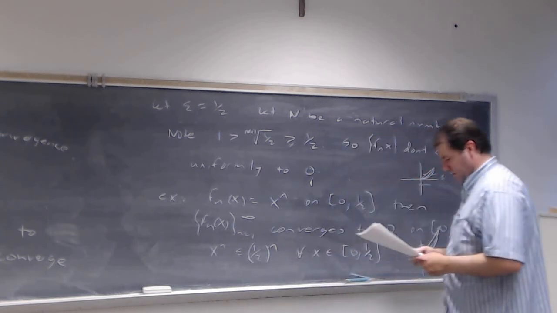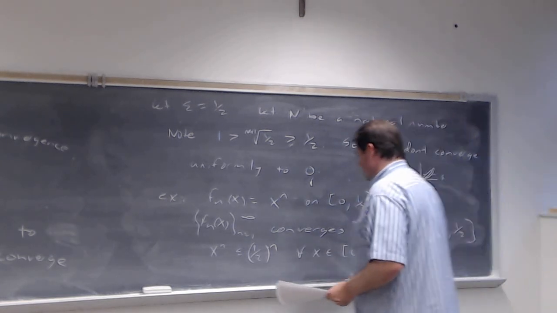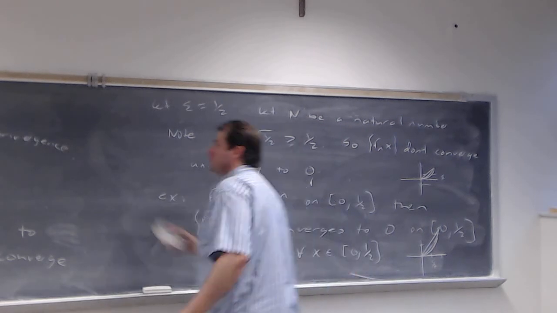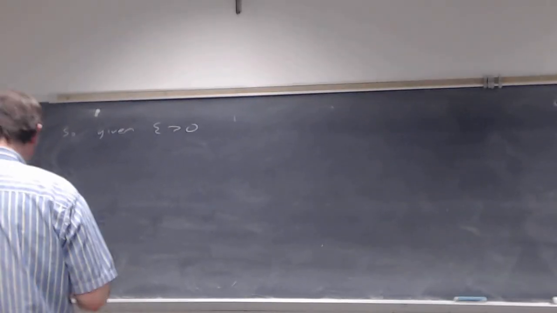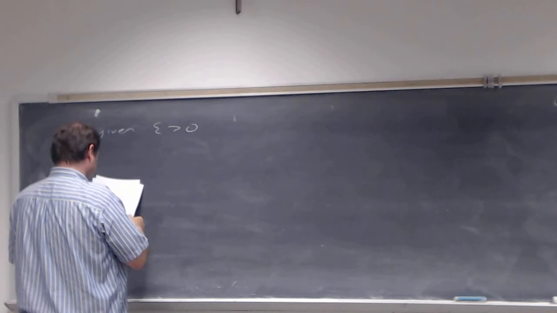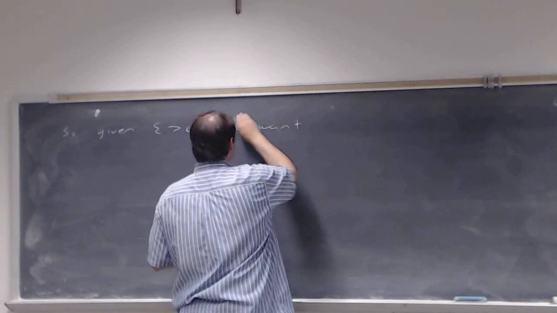Okay? That's what happens. And so if you want to know, given epsilon greater than 0, what we want is for it to be uniformly convergent.